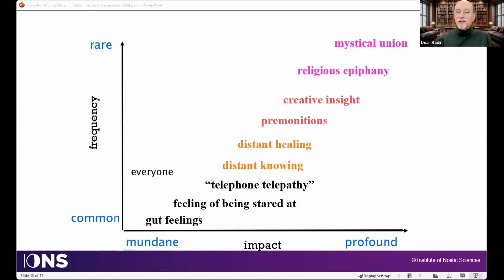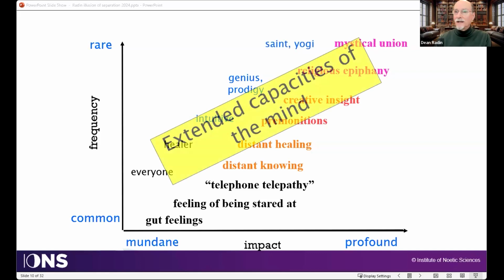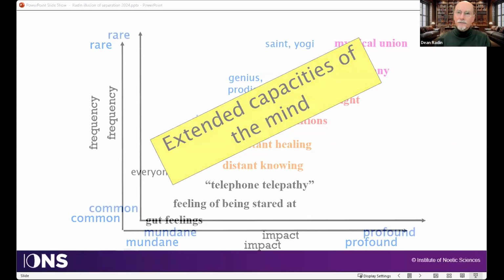So who has these things? Well, down in the bottom left, everyone reports these kinds of experiences. People who are a little bit higher up on this scale, we might call healers or intuitives, geniuses, prodigies, saints, and yogis. So we can think of this as a spectrum, the extended capacities of the mind.